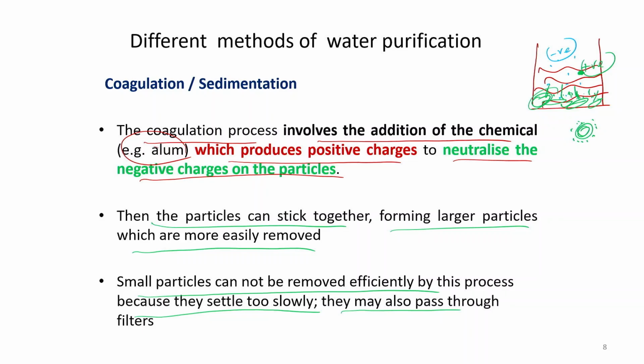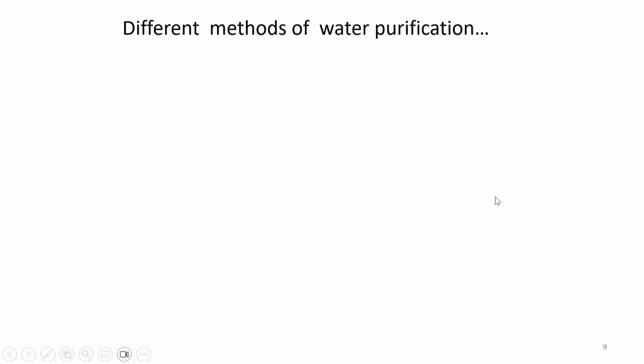But the smaller particles which are floating will not settle easily, that will take time. So, that is why for small particles it is a little bit difficult. So, this is the first stage of water filtration. Along with that, for smaller particles we have to use different methods of water purification.